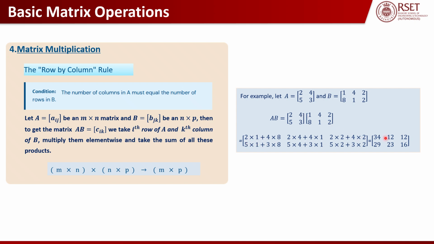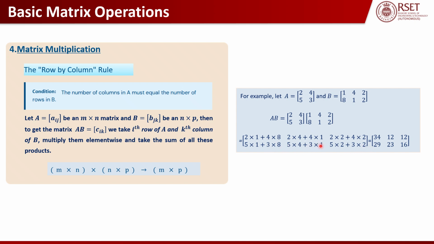So we got the first three elements: 34, 12 and 12. And the fourth element, in a similar way, we take the second row and the first column, that is 5 into 1 plus 3 into 8, that is 29.